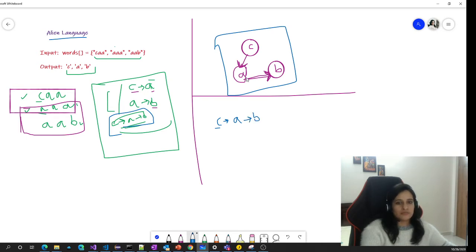Basically, a vertex will appear only before all its neighbor vertices are processed. For example, let's say D is here. A should come before all its neighbors.